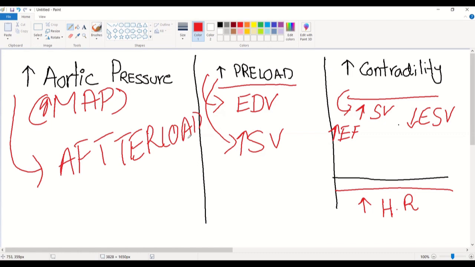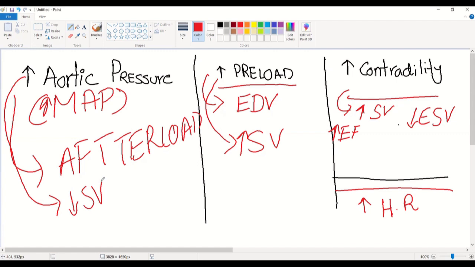And what happens to the stroke volume? Stroke volume decreases, because you have to work against higher pressure, higher resistance. Correct. So the stroke volume is decreased, right? Yes.